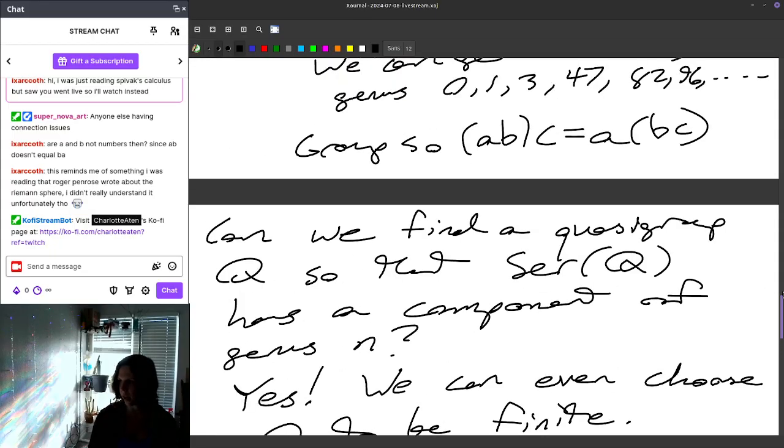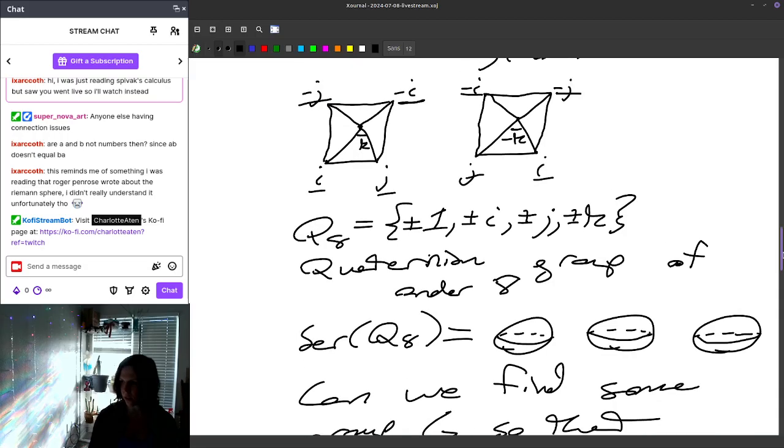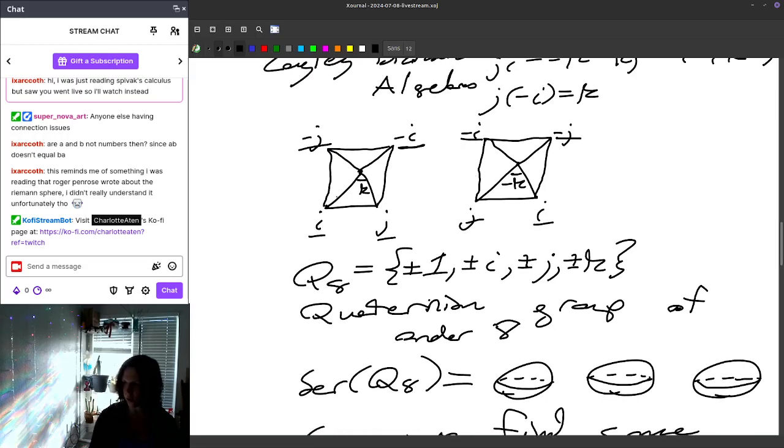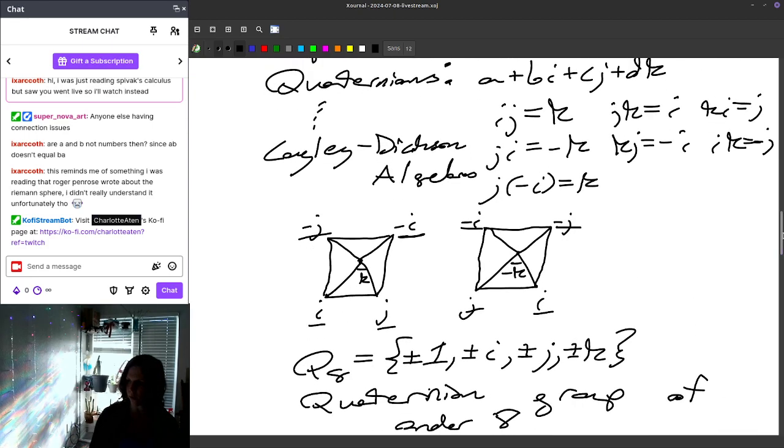For instance, I described previously these pieces for the quaternions, and although there is a finite group, the quaternion group of order 8, for which the construction just gives you these 3 spheres, those 3 spheres are part of the construction applied to the whole quaternion algebra, which is infinite and includes elements like 3i minus 4k and other such things, of which there are infinitely many.